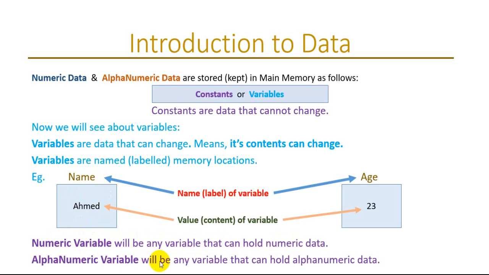Alphanumeric variables will be variables that can hold alphanumeric data. So in this case, name is considered as an alphanumeric variable, age is considered as a numeric variable. Why? Because age is holding 23, a number, so numeric variable. Name is holding Ahmad, which is a name, it's alphanumeric, and therefore name is known as an alphanumeric variable.